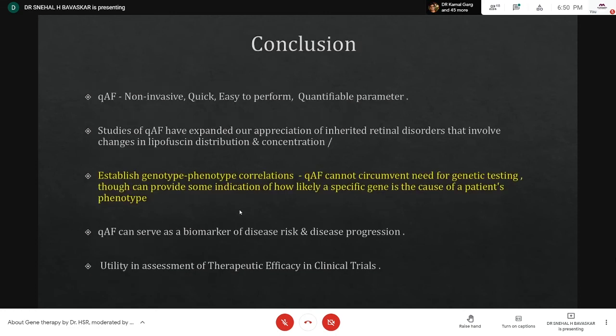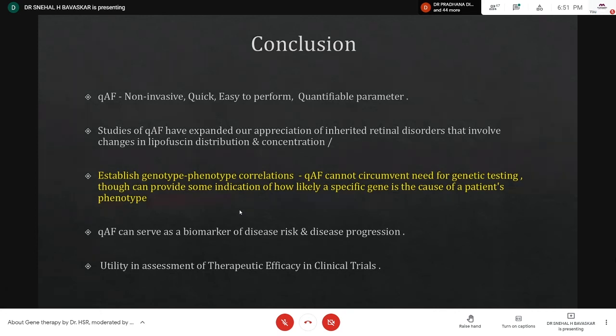Coming to the conclusion, it's a non-invasive, quick, cheap, and easy to perform tool. The studies have definitely expanded our appreciation of inherited retinal disorders that involve changes in lipofuscin distribution and concentration. One most important thing is that it establishes genotype-phenotype correlations.